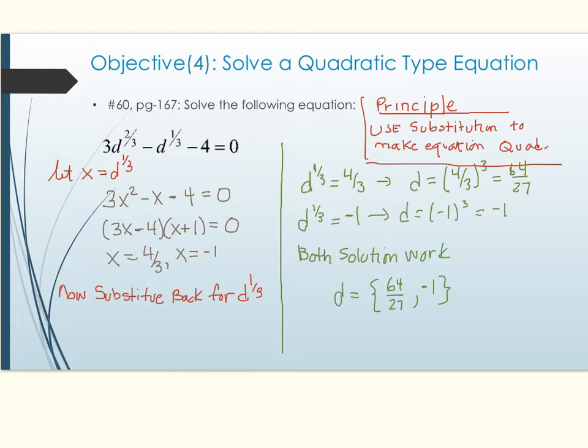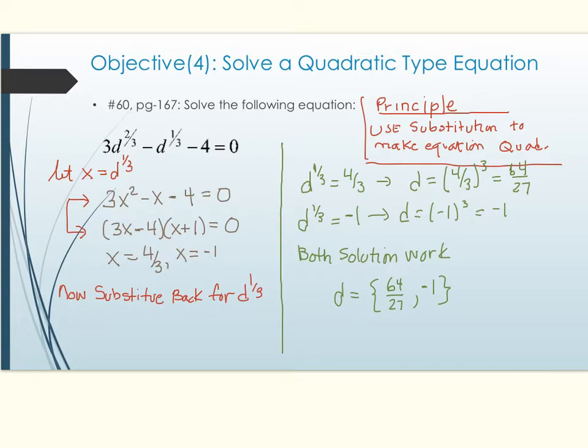When we do that, we put the substitution in for d to the 1/3, and we get 3x squared minus x minus 4 is equal to 0. Now that's factorable, and so we make our lives easy.